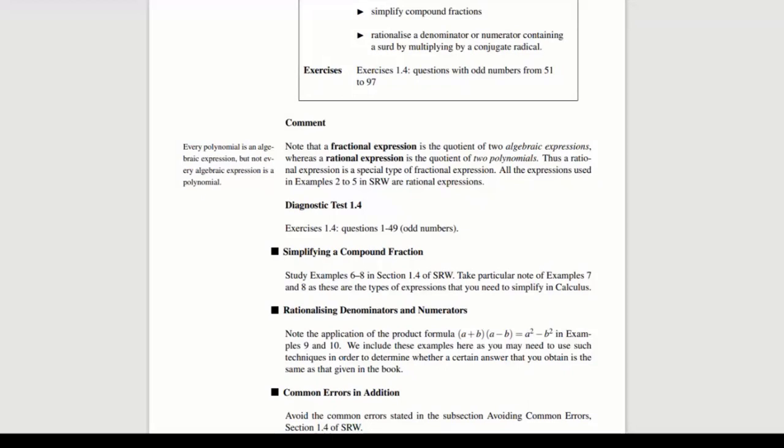Anyone? It's a fraction. Right. It's a fraction, right? But what can you say about the numerator and denominator? What can you say about them? More specifically, what should they look like?